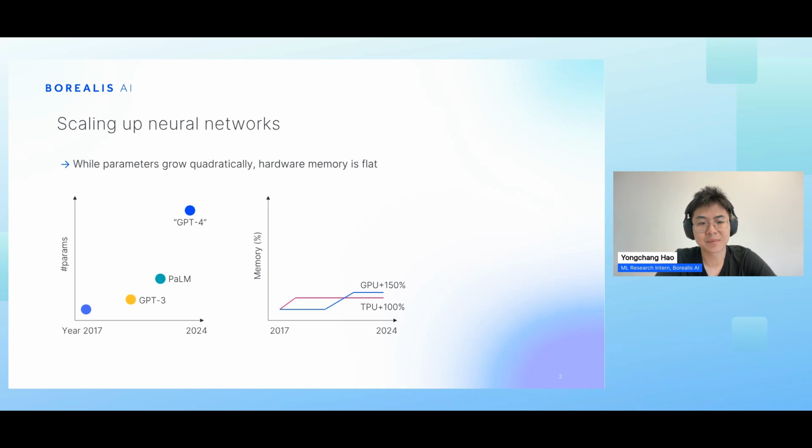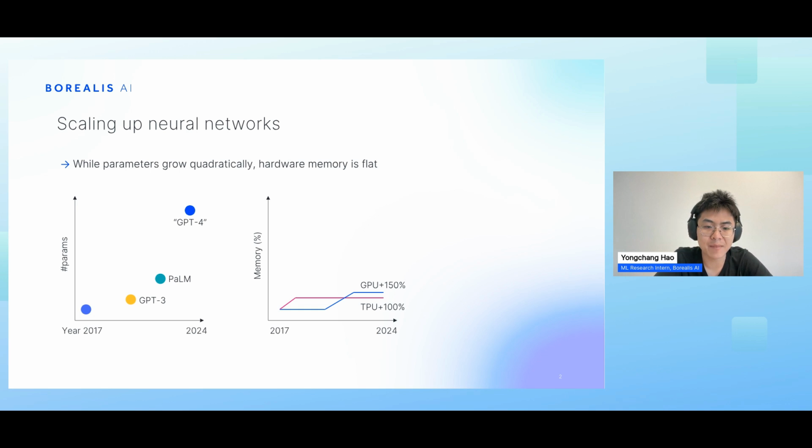In recent years, people find that scaling up neural networks is often considered an effective way to boost the performance of models. If you look at the trend of the parameter count for transformer models since it came out in 2017, you'll find that it grows more than quadratically, probably exponentially, at a very fast rate.